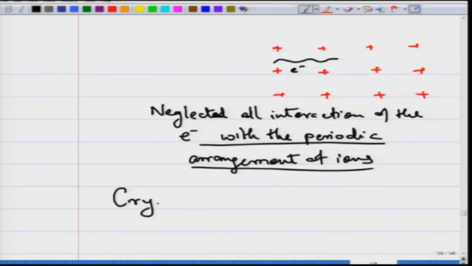So, certainly there is a periodic arrangement of ions which we cannot neglect, and there is a crystal structure, a very periodic arrangement of these atoms inside the solid, and this leads us to the next topic, which is understanding the crystal structure.